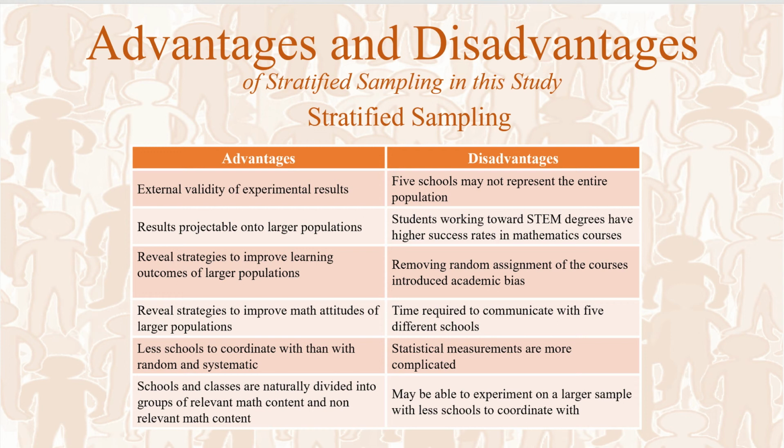The time required to communicate with 5 different schools can be cumbersome, and the statistical measurements needed to analyze stratified sampling are more complicated and entailed than those of random or systematic sampling. Also, we may be able to experiment on larger samples if fewer schools are engaged in the coordination of the study.